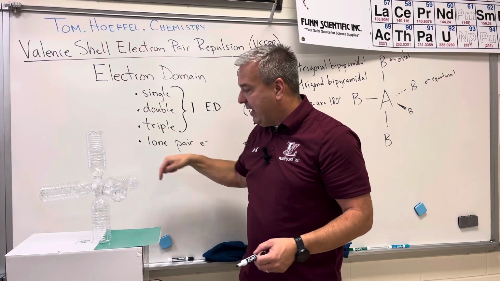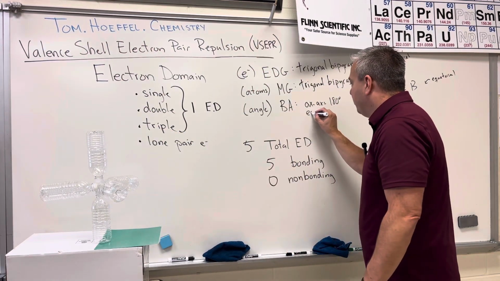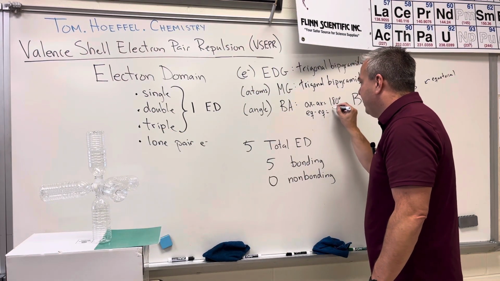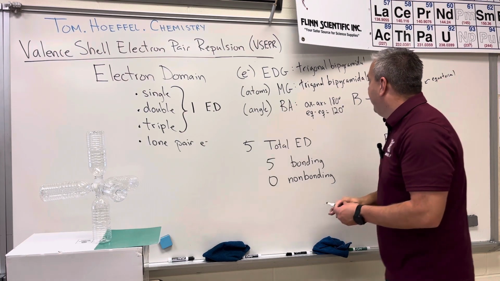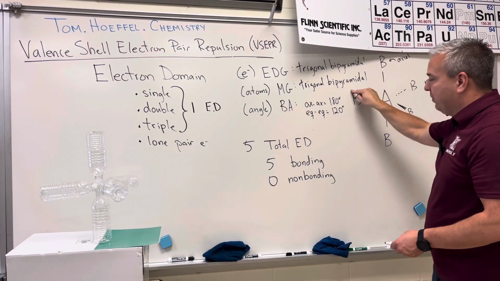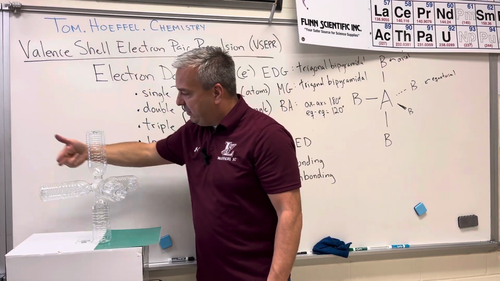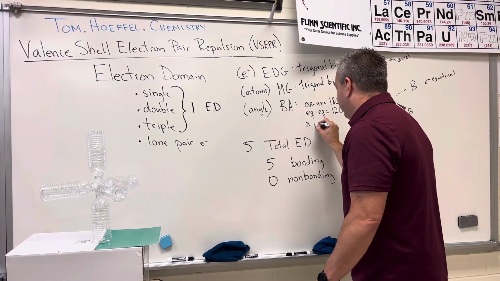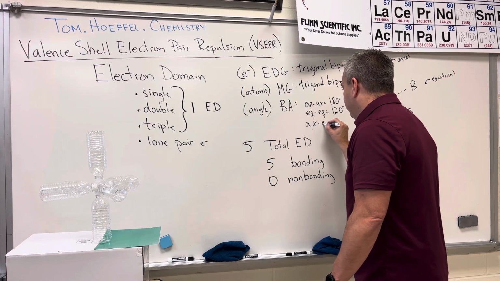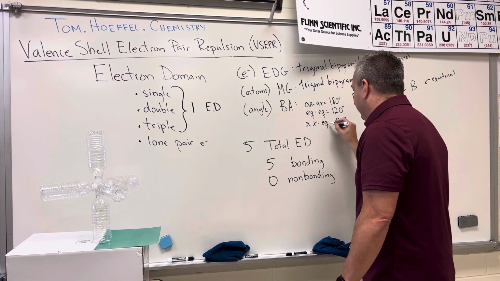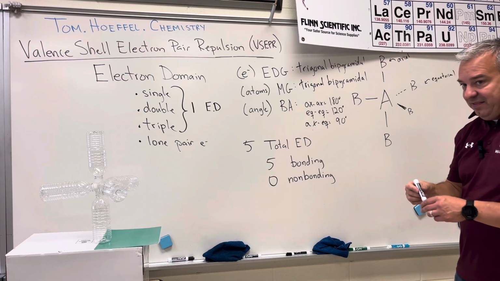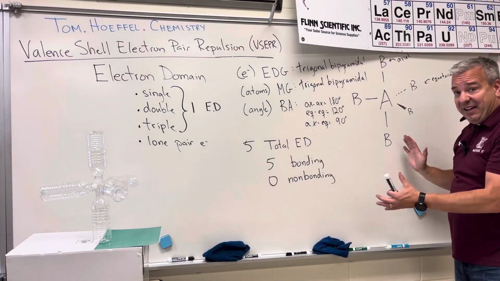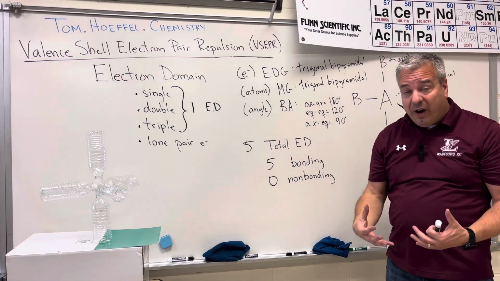But equatorial to equatorial, so I'm going to do EQ to EQ is going to be 120, okay? And then axial to equatorial, those are all going to be 90. Axial to equatorial is going to be 90.